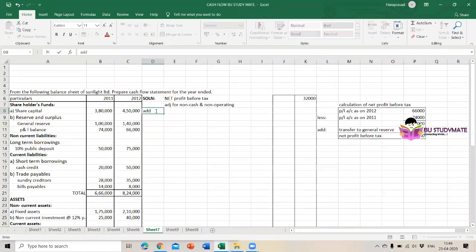What we have to add is depreciation first. But here the question arises, do we know the depreciation amount? We don't know the depreciation, so we'll calculate the depreciation here.